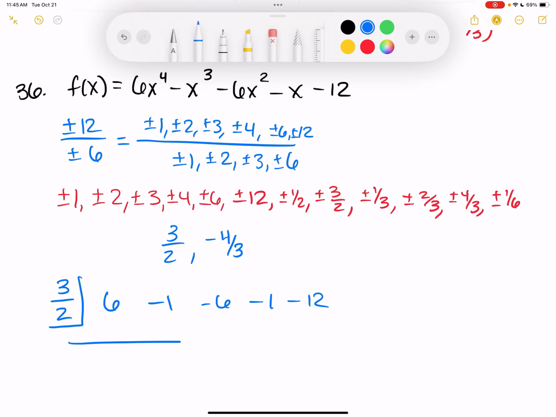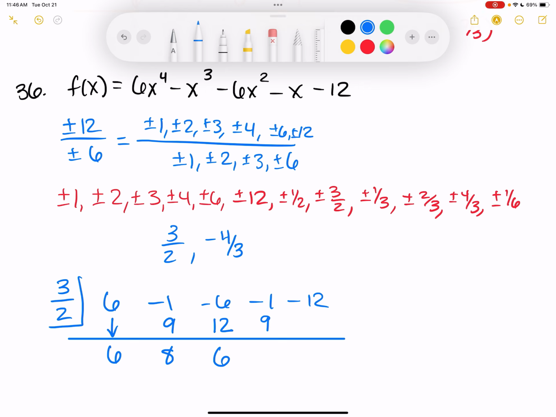All right, bring down the 6, times 3 halves is 9, minus 1 is 8, times 3 halves is 12, minus 6 is 6, times 3 halves is 9. Why is it not negative 3/2? Because on the graph, it's on the right-hand side, it was positive.